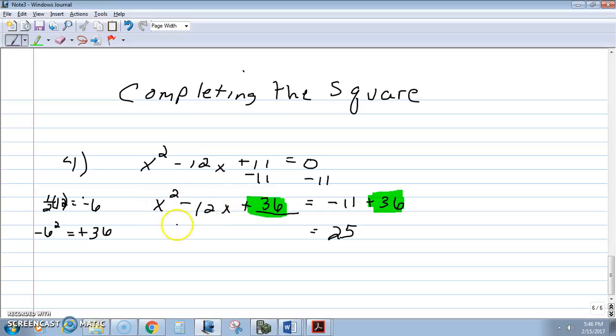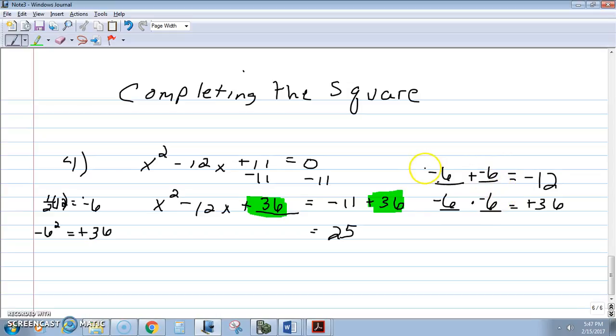The long way of what we're actually doing is factoring this, where we need two numbers that add up to negative 12 and multiply to be positive 36. Those two numbers are negative 6 and negative 6.